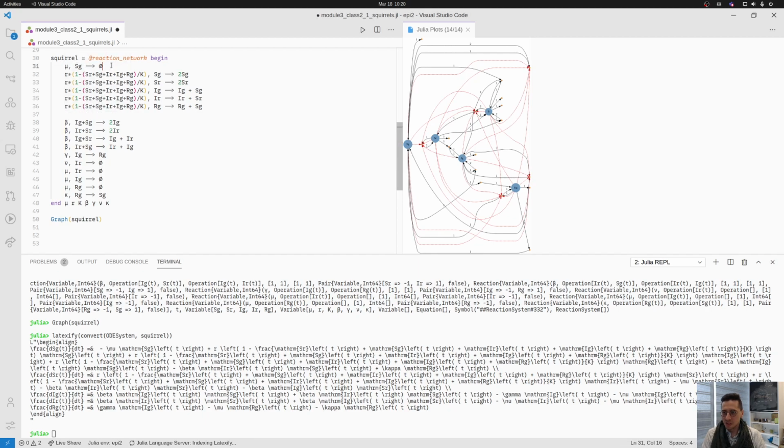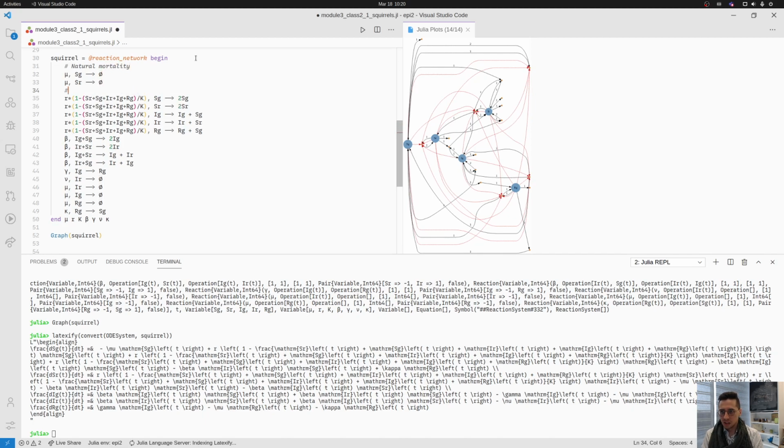Let me move this one here. We'll do a couple things. We'll do a few comments. So this is natural mortality. This is density-dependent growth. This is infection, including cross-species.